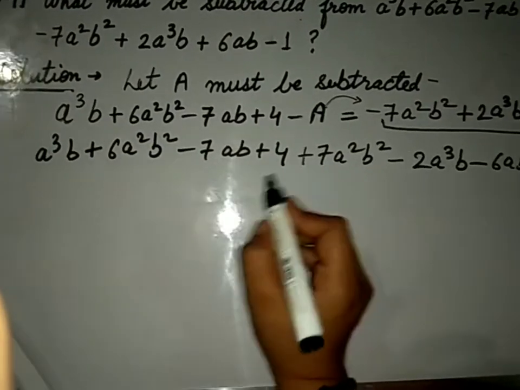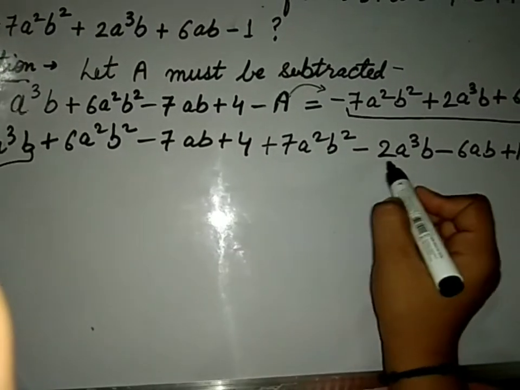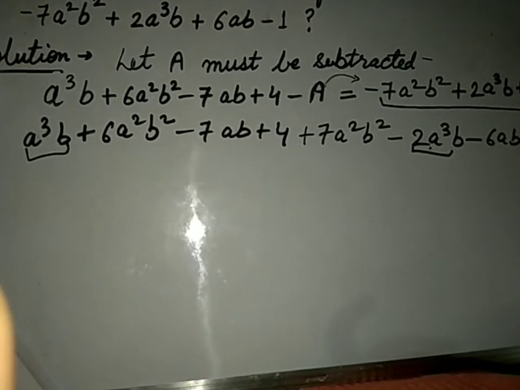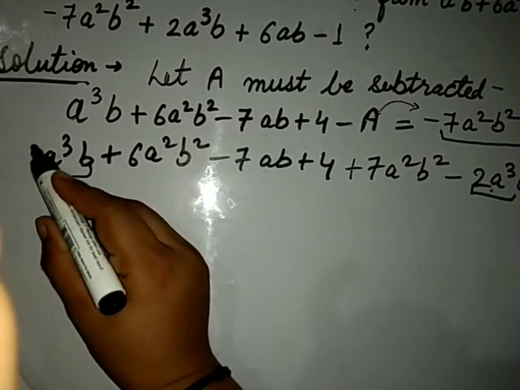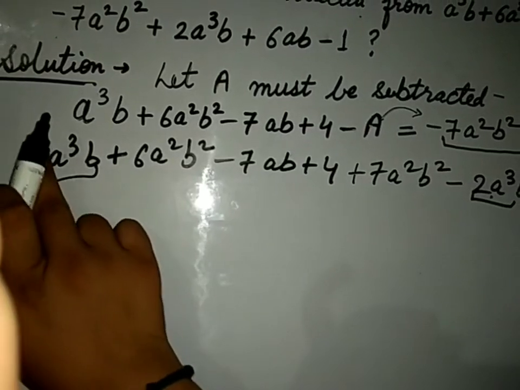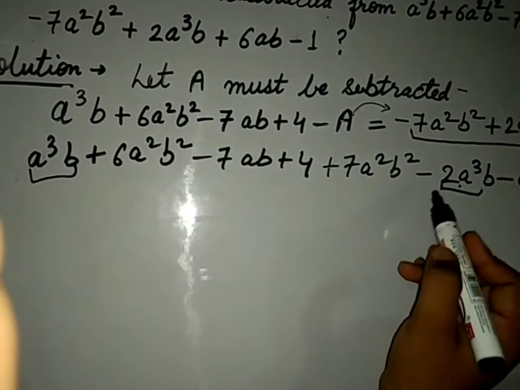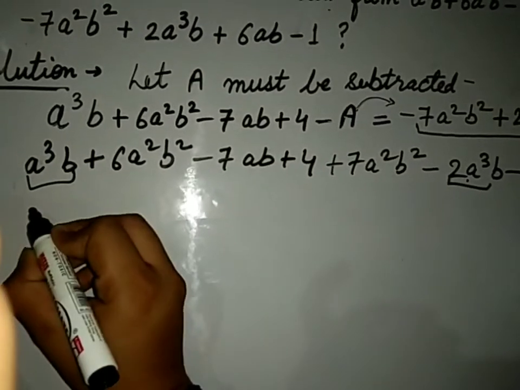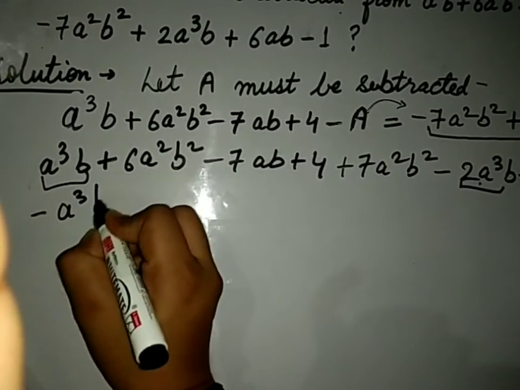First of all, we have to find the like terms. This is a cube b, and there is also a cube b term. So these are the like terms. This is a cube b, means there is coefficient 1, and there is minus 2. So when you subtract 1 from minus 2, you get minus 1. So minus a cube b you will write.